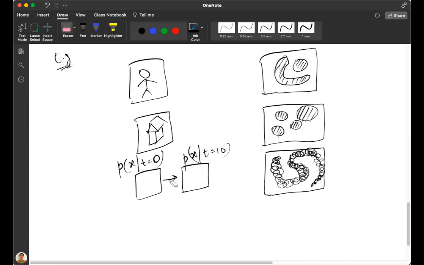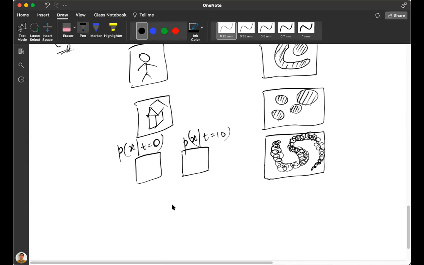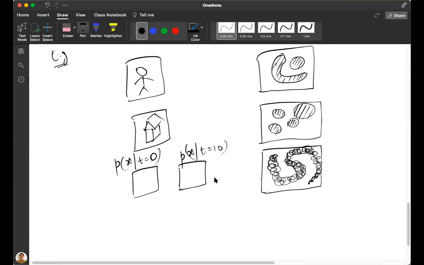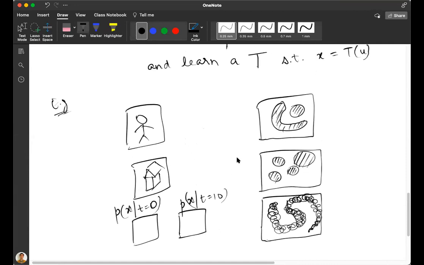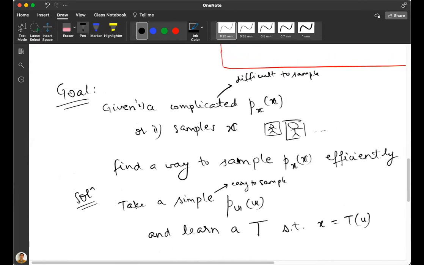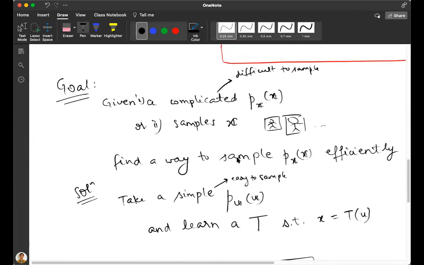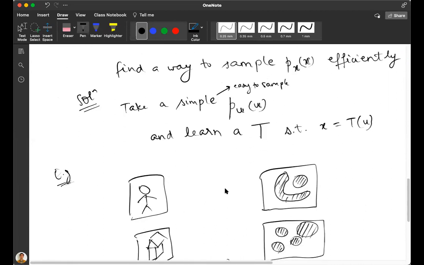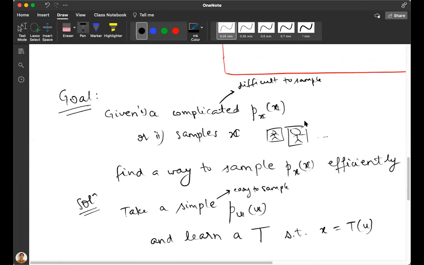I'm not doing a transformation here. So basically you can use it to estimate any distribution which could be difficult to sample from. Okay, let's now go on. As the course proceeds, I will give you more and more examples of how in real life this becomes so important.